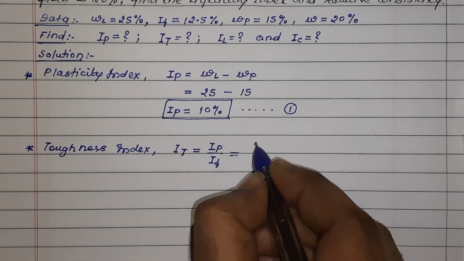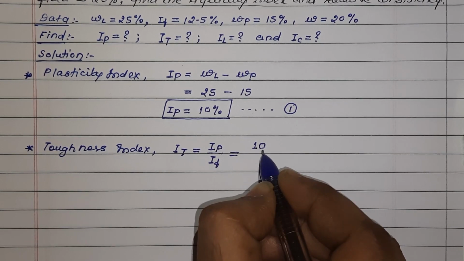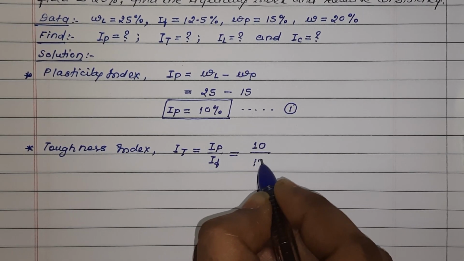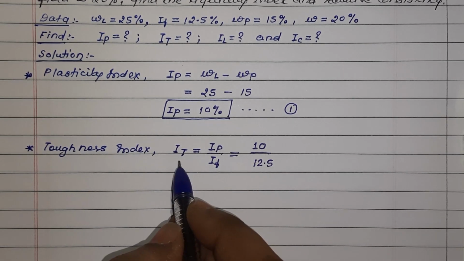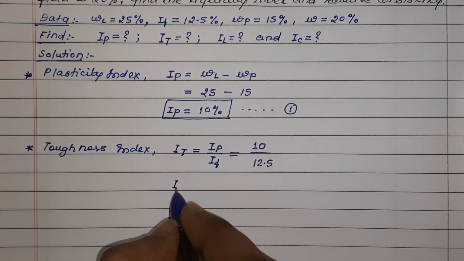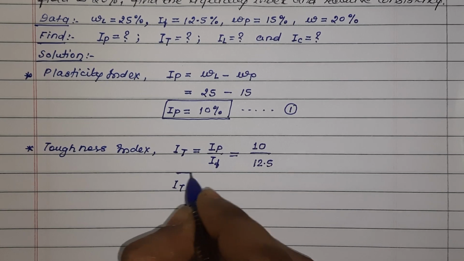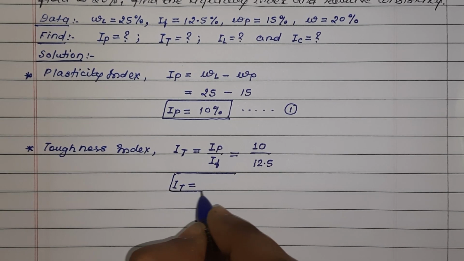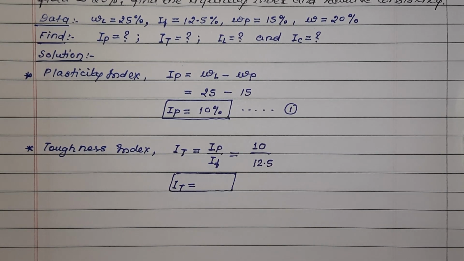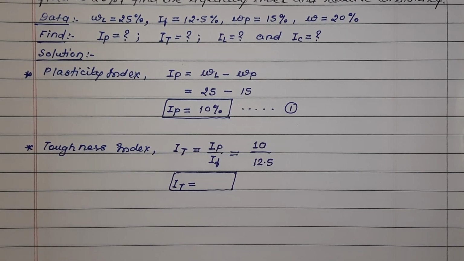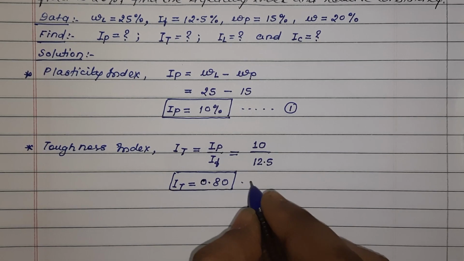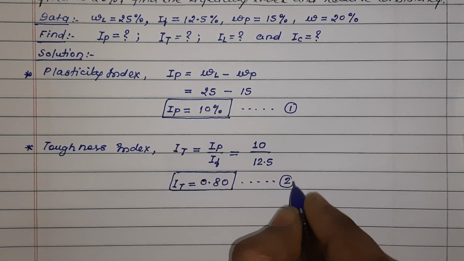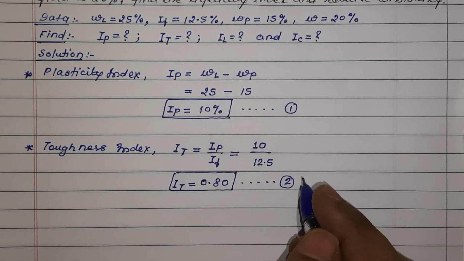That is equal to 10 divided by 12.5. Thus IT is equal to 0.80. This is answer number 2.